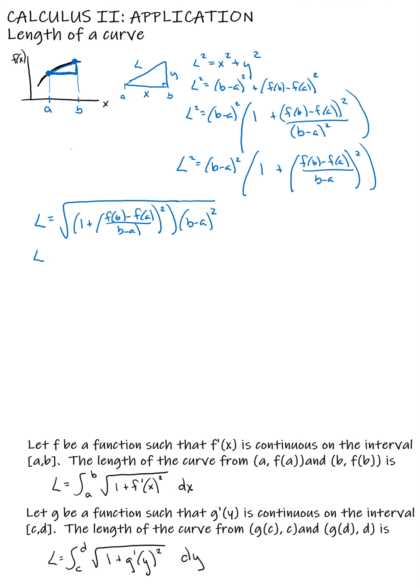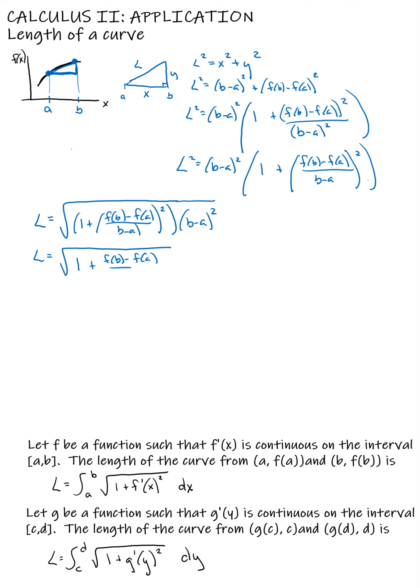I could also take the square root of (b minus a) squared. Now, I can't take the square root of this stuff here in the front. Yes, I could take the square root of 1. Yes, I could take the square root of this term that's squared.